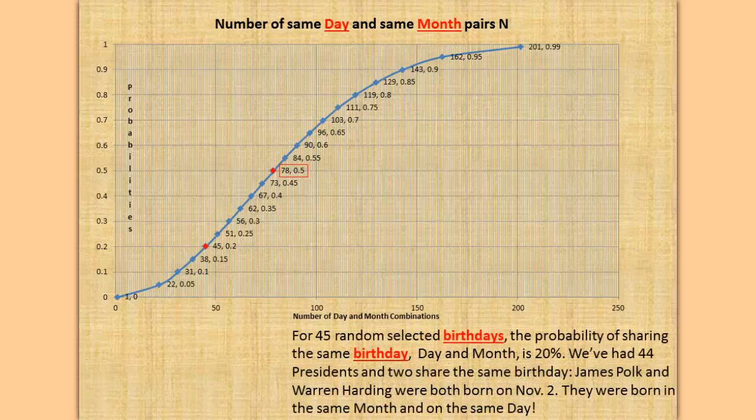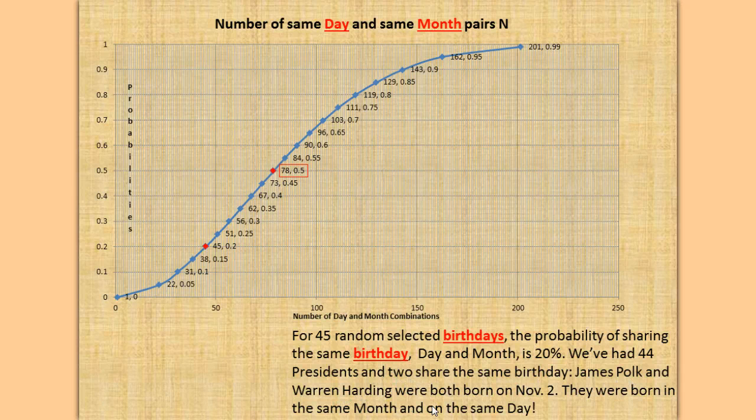For 45 randomly selected birthdays, the probability of sharing the same birthday, day and month, is 20%, right here. We have 44 presidents, and 2 share the same birthday.